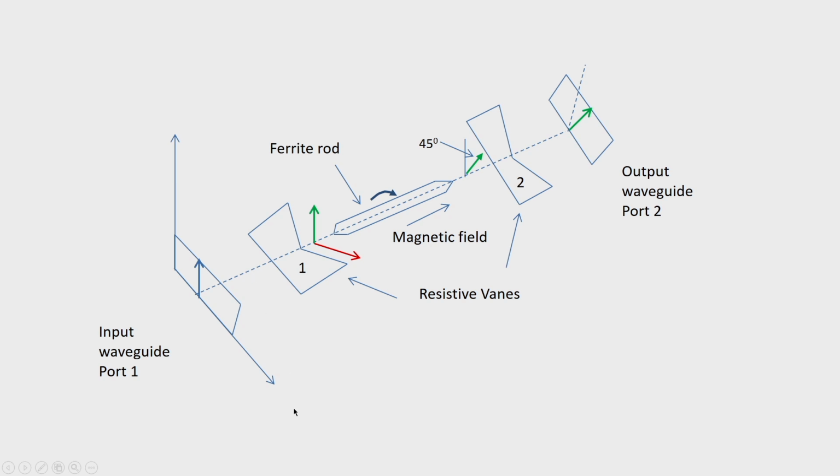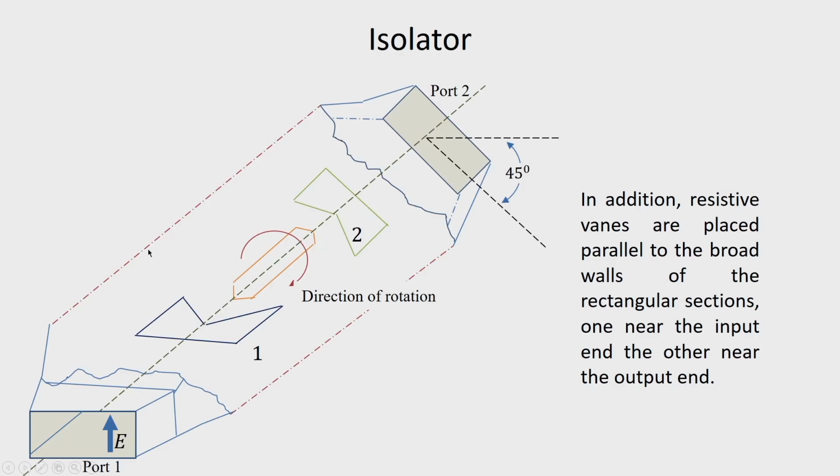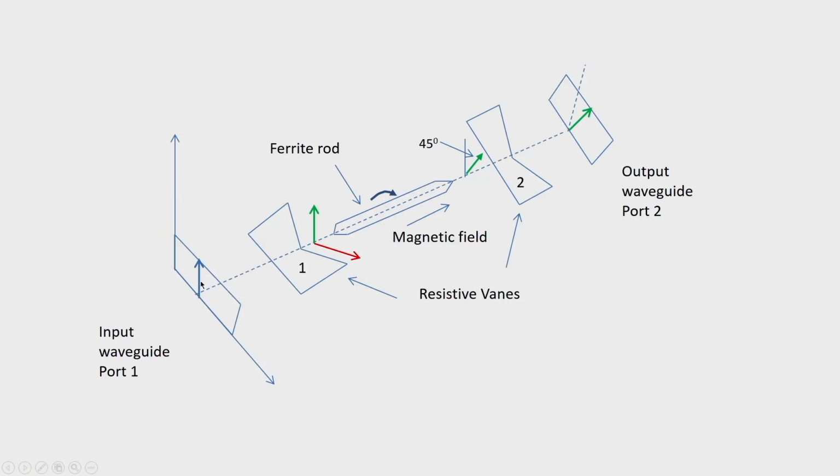and enters the circular section of the waveguide through this transition, this TE10 mode will give rise to TE11 mode in the circular waveguide, but its polarization will remain same as before, and here this electric field is perpendicular to this resistive vane.